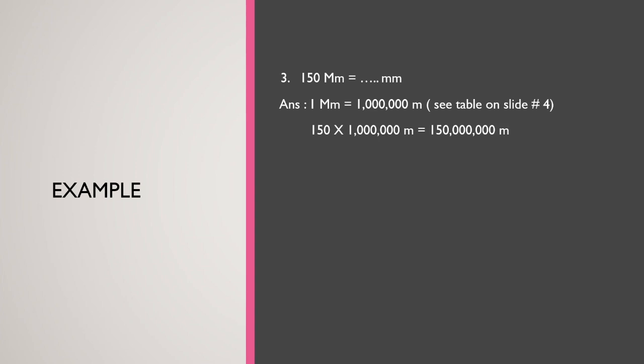And then we multiply 150 by a million, so we get 150 million meters. But the question is, how many millimeters? So we need to multiply it again by 1000. So it is 150 billion millimeters. This is the two-step solution.